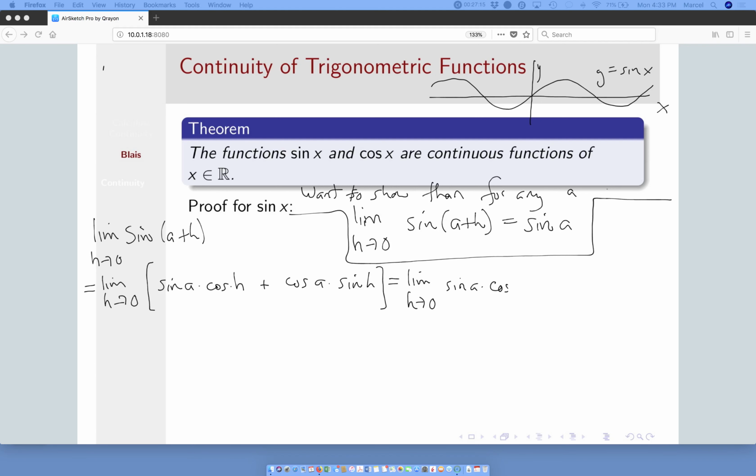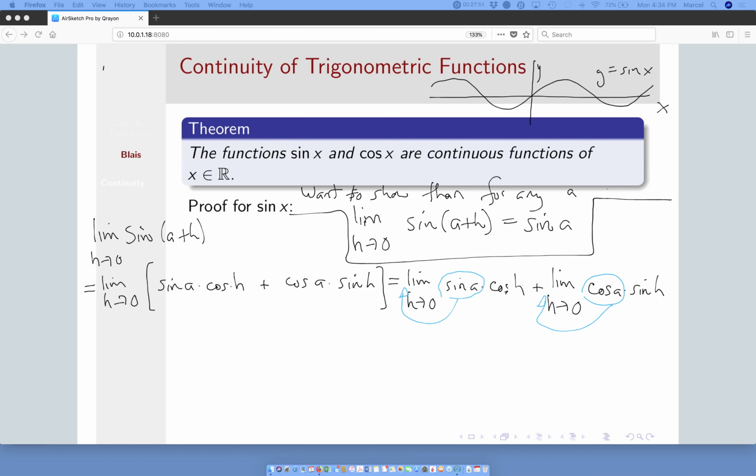Then we have plus the limit as h goes to 0 of cosine of a times sine of h. We can then notice that these terms involving a, there is no h involved there. So as far as the limit goes, these terms containing a but not h are constant, and so they can be factored out of the limit.